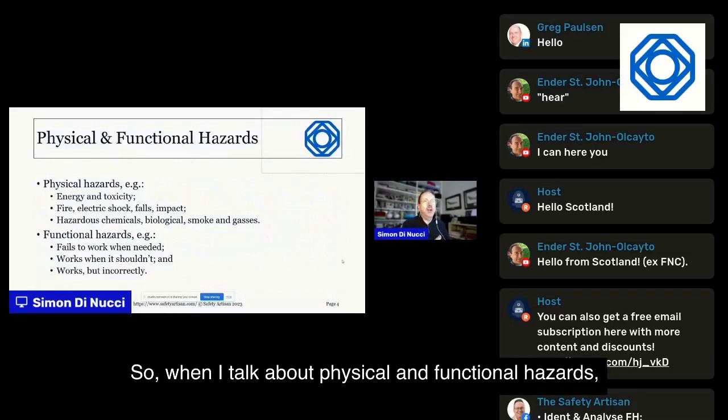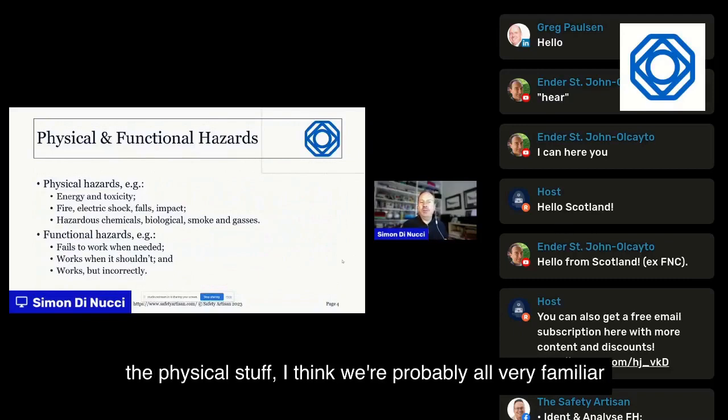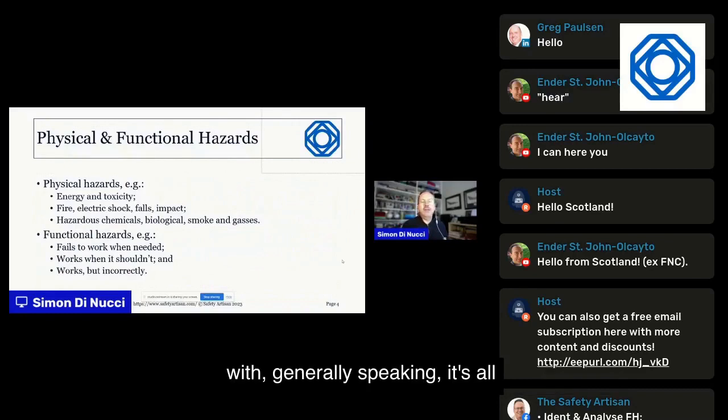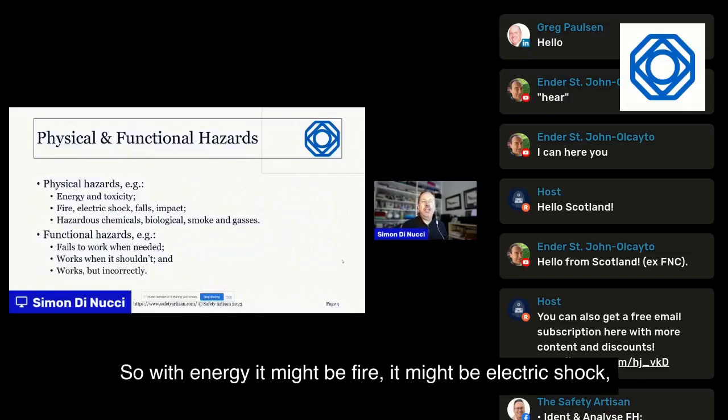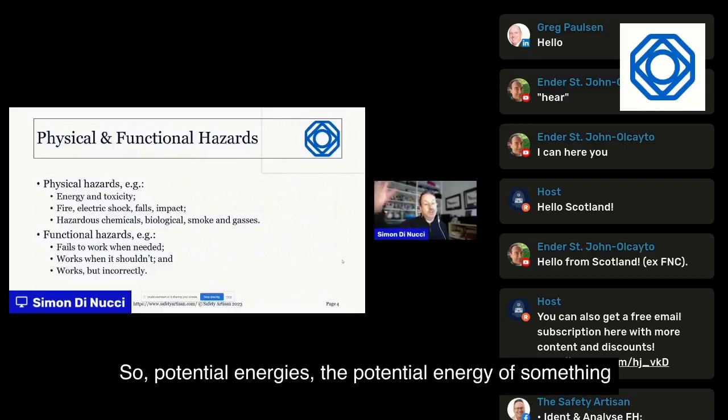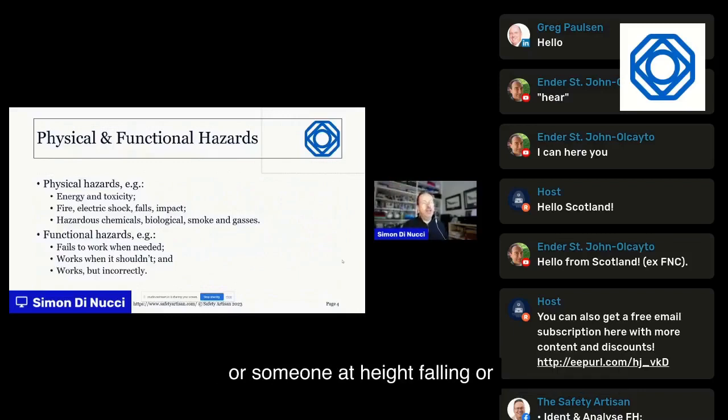So when I talk about physical and functional hazards, the physical stuff, I think we're probably all very familiar with. Generally speaking, it's all to do with energy and toxicity. So with energy, it might be fire, it might be electric shock, it might be falls, so the potential energy of something or someone at height falling, or the impact, the kinetic energy.